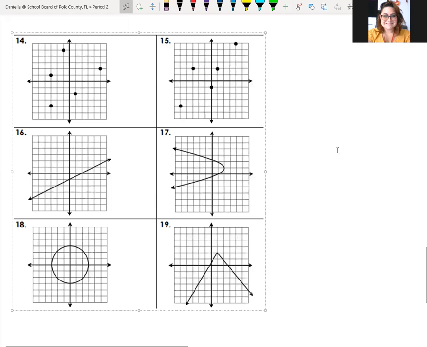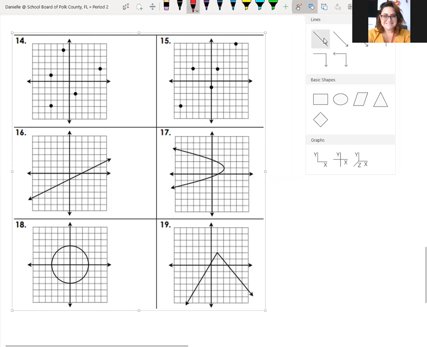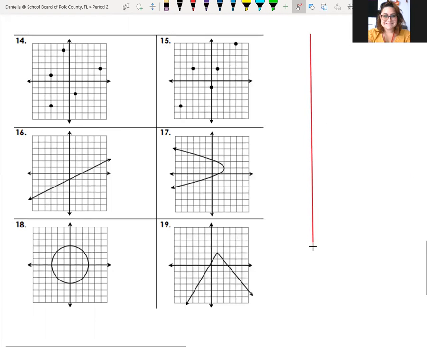I want to go ahead and talk about the vertical line test again. The vertical line test is a test to see if something is a function. So what I'm going to do is make a red line and see vertically, do I ever cross the same point twice?